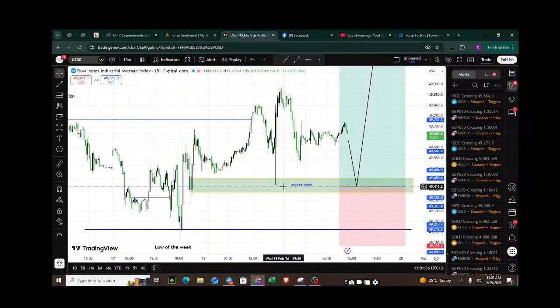In fact, I should take my buy limit and bring it closer to yesterday's wick.